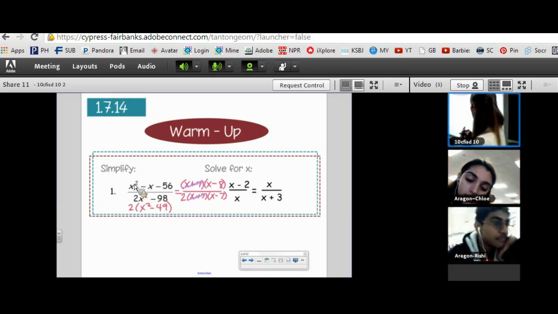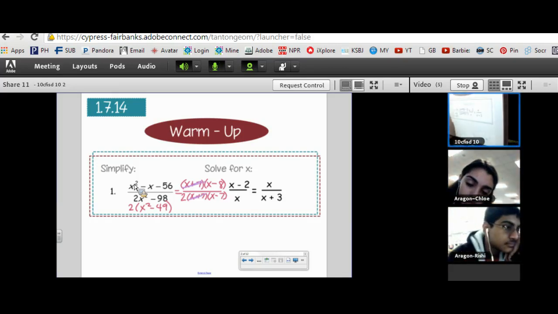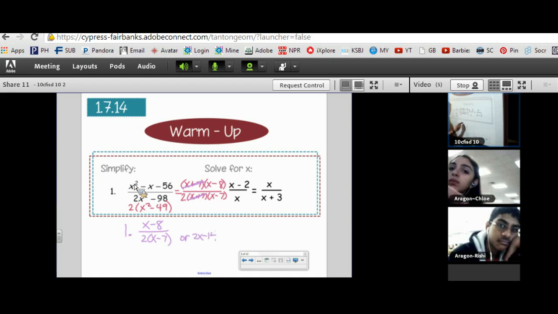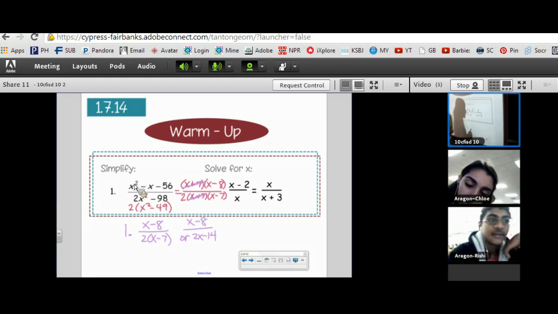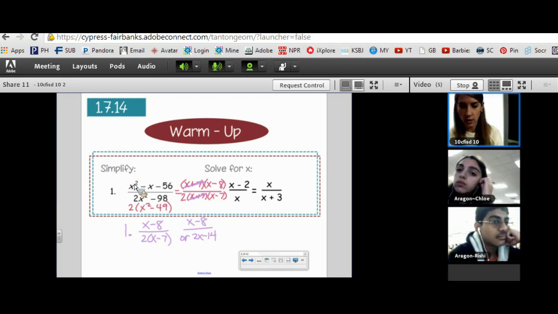So on number 1, we have simplified it. What are we left with? x minus 8 in the numerator. And you can put 2x minus 7 in the denominator, or you could put 2x minus 14. I would be okay with either one of those. You've canceled out everything you can cancel, so I'm good with any of those, okay?